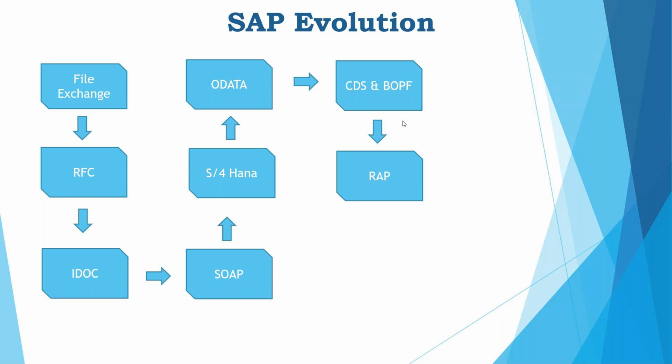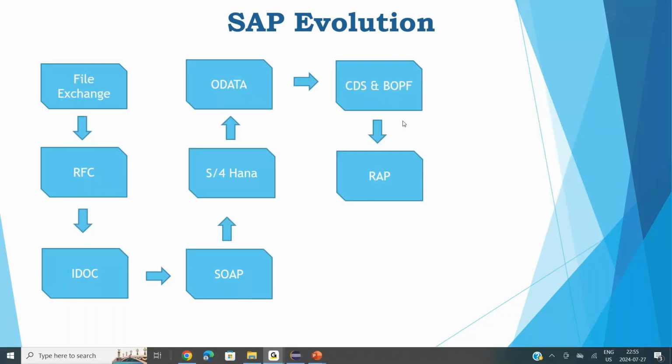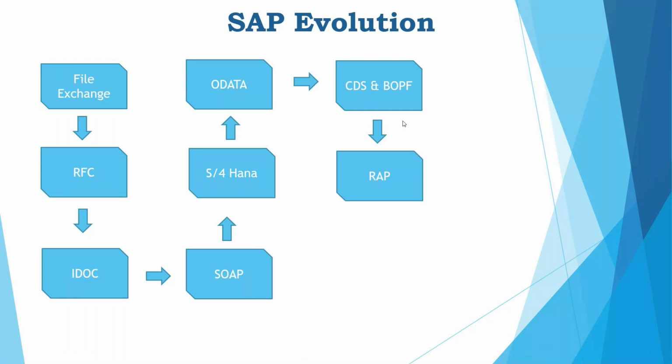It has inner joins, compositions, and associations. You have to develop these CDS views only in ADT, the ABAP Development Tools. Once it is created, it generates the SQL query at runtime in order to select the data from the database layer.